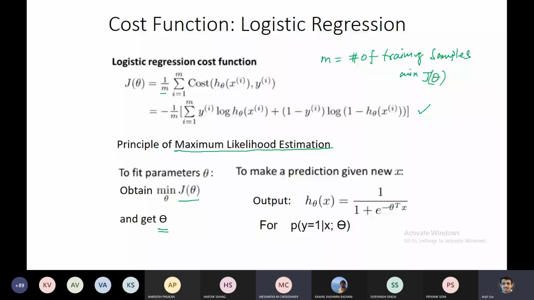And here we are basically writing that for y equal to 1, what will be the probability of x given, parameterized with theta? And this is your hypothesis function.